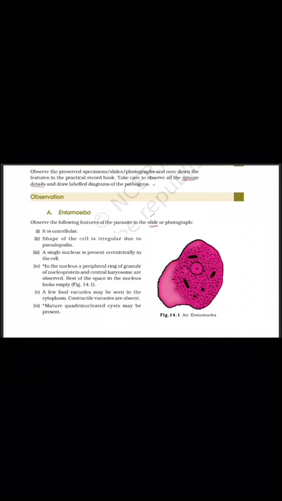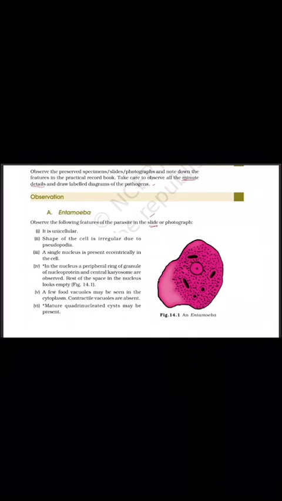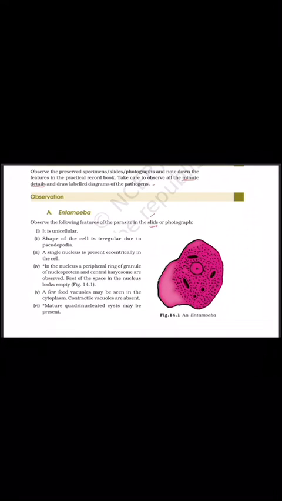The gap will be so narrow. I have already told you the precaution that when you are focusing a slide or a specimen under high power, you should not use the coarse adjustment, only the fine adjustment.